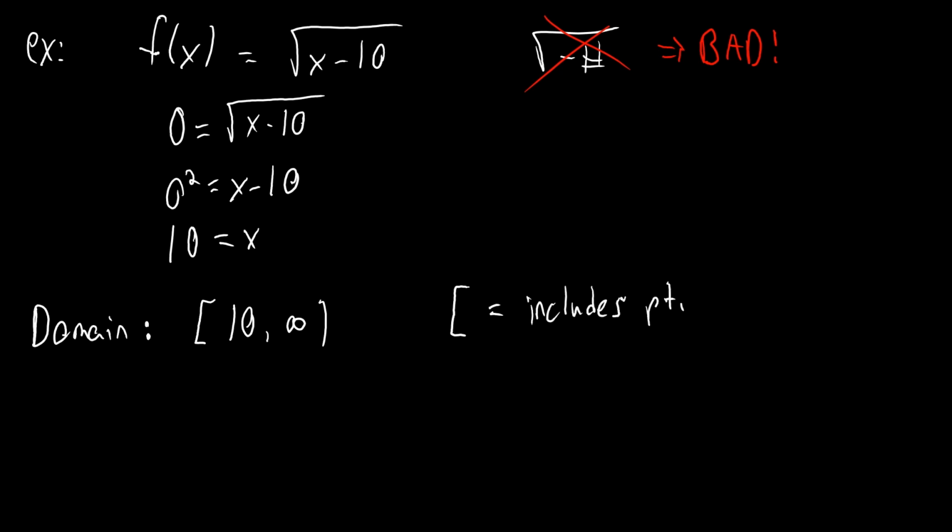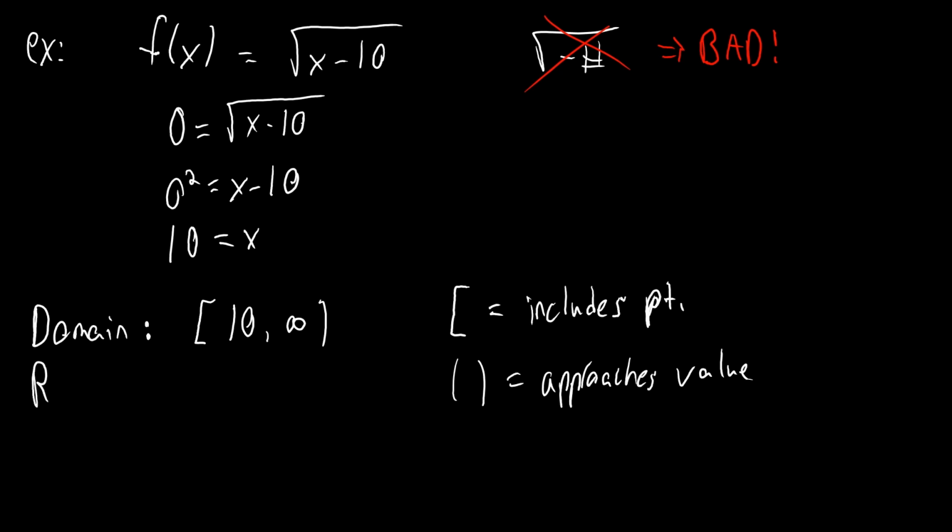If I use a round bracket, or a parenthesis, excuse me, this means it approaches the value. The reason we can never include infinity is because infinity is not a tangible number. It's not something we can define. So it's just approaching infinity, okay?